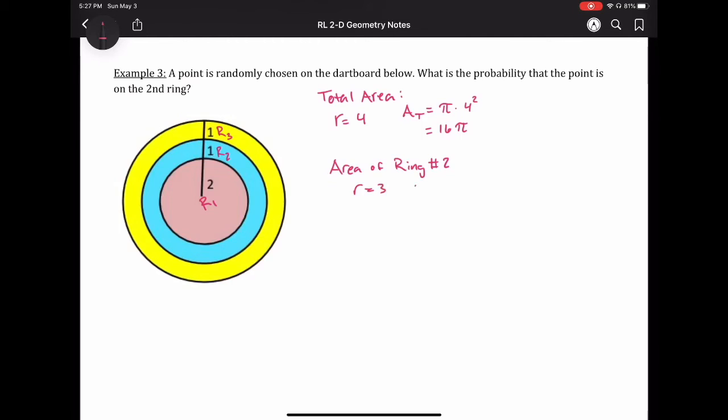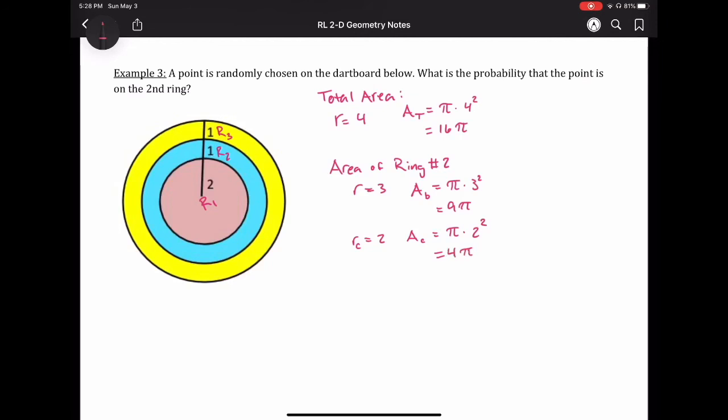So I have area for the blue outlined circle is equal to pi times the radius, which is 3, squared. So I have 9 pi. And then I have to do that again to cut out that centerpiece. That centerpiece has a radius, I'm going to say radius of the center is equal to 2. So I have area of the center is equal to pi times 2 squared. So 2 squared is equal to 4, so I have 4 pi.